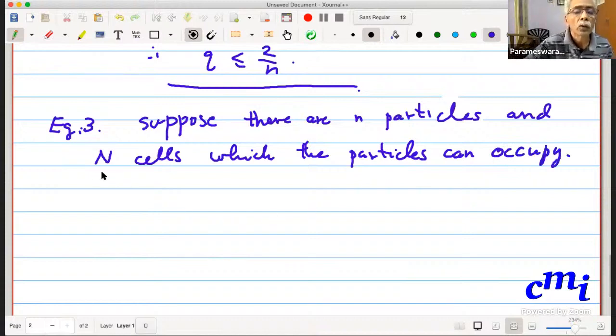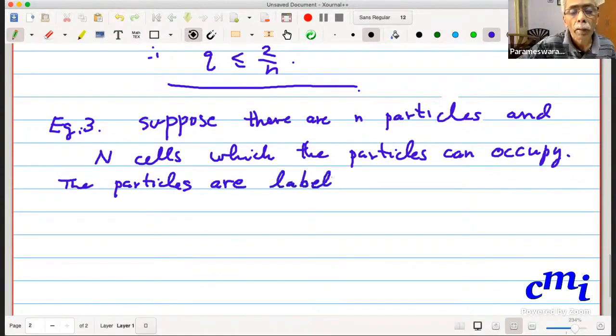We will generally assume that capital N is bigger than or equal to small n. More than one particle can occupy the same cell, and the particles are identical, but they are distinguishable. You can think of them as labeled particles if you like. The particles are labeled, and otherwise identical.